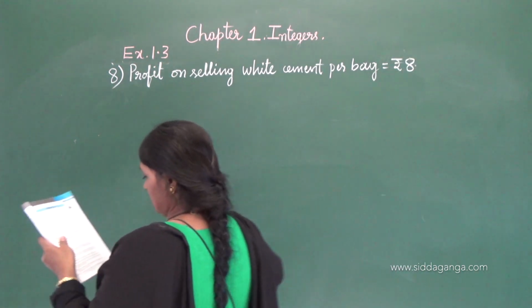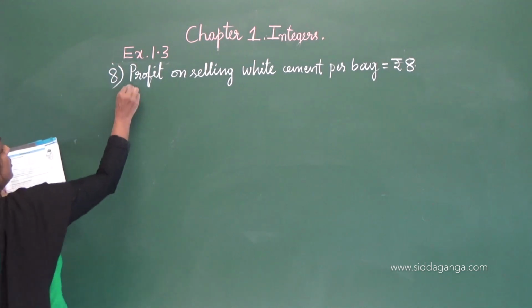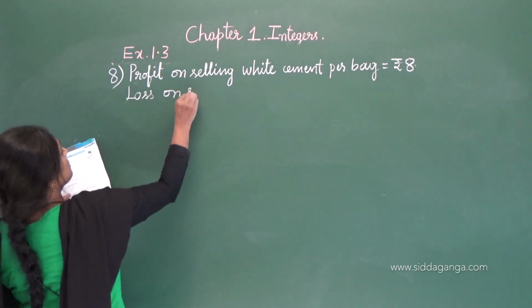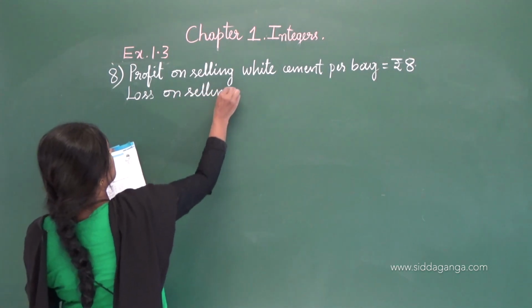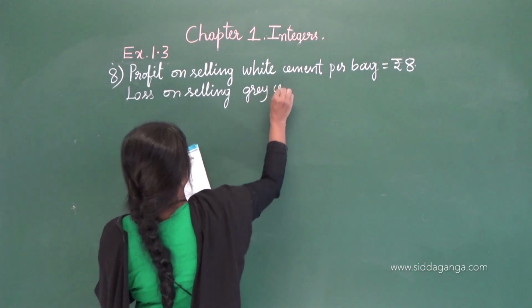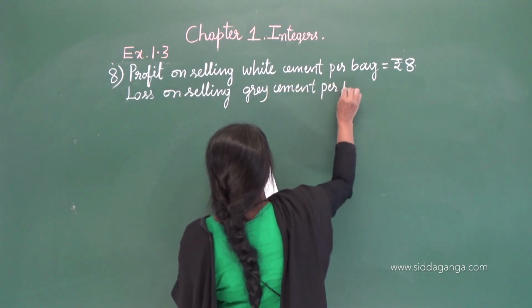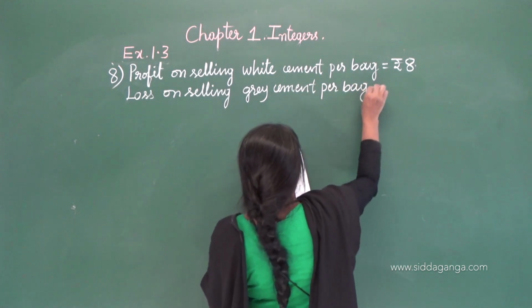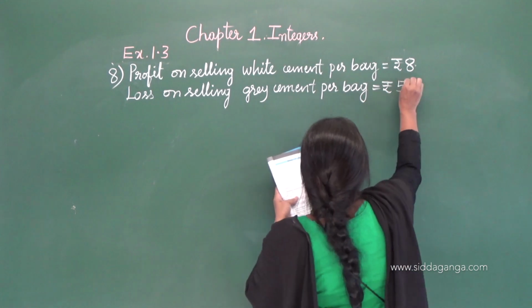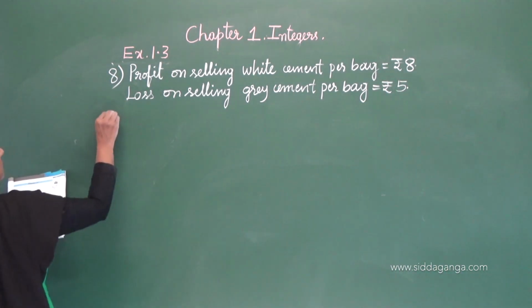Okay, then loss on selling grey cement per bag, that is equal to rupees 5 per bag. Okay, the first question we have to answer.